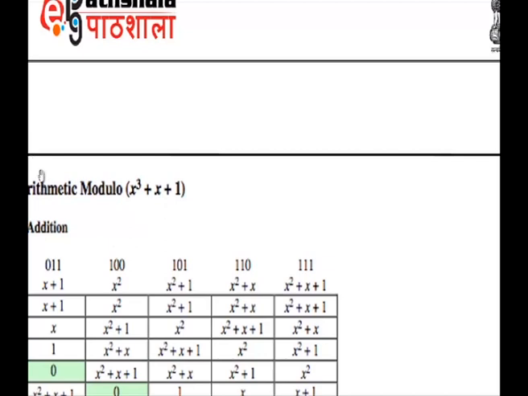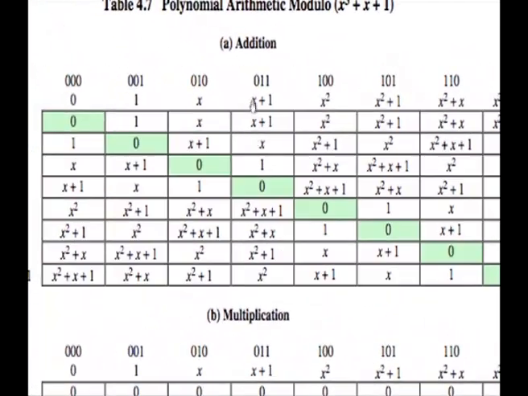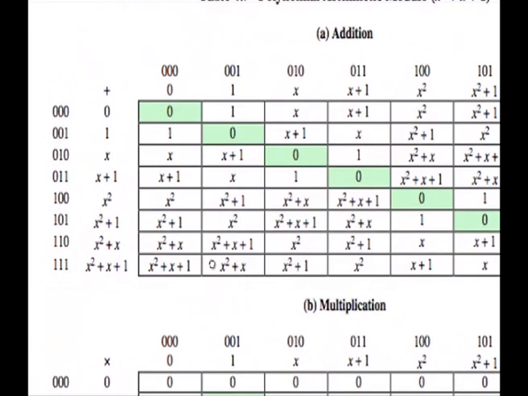As we know, the field has two operations, addition and multiplication. We can see the addition and multiplication table explained here, as we are taking GF of 2 power 3. GF of 2 power 3 means we will take 3 bits: 000, 001, 010, 011, 100, 101, 110, 111.